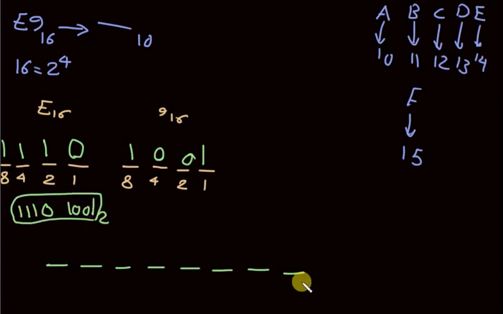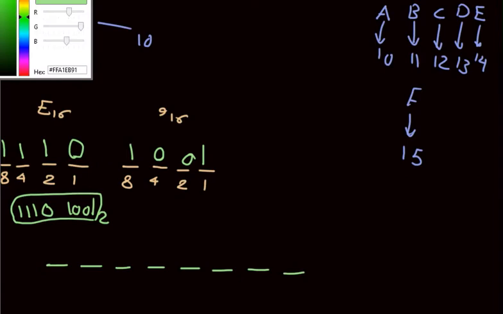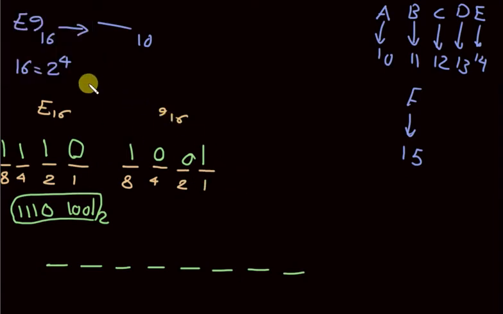And then this one, let me change the color to yellow. So now this one is 2 to the power of 0, 2 to the power of 1, 2 to the power of 2, 2 to the power of 3, 2 to the power of 4, 2 to the power of 5, 2 to the power of 6, 2 to the power of 7.